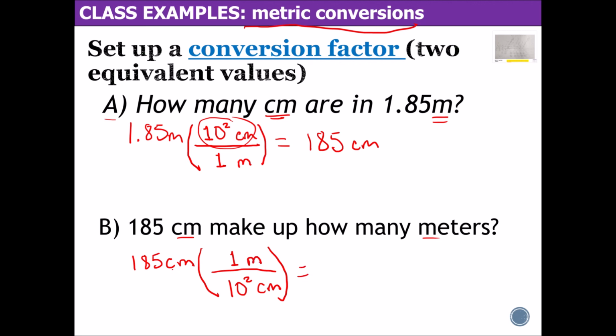Crunch those numbers. 185 divided by 100, or 10 to the second, equals how much? This is the same as saying, okay, if I divide by 100, I'm going to move my invisible decimal point 2 places to the left. 1.85 meters.